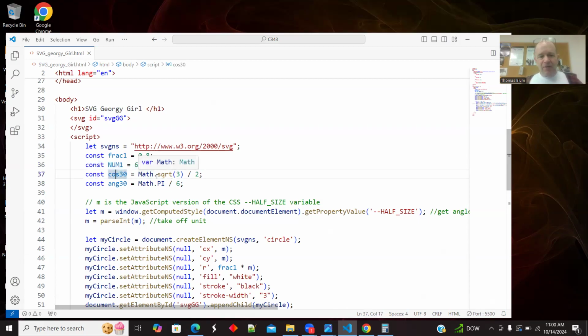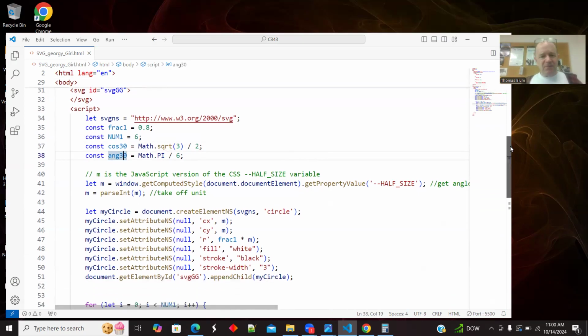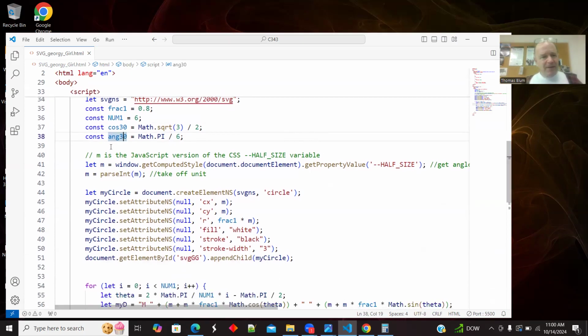The cosine of 30 is floating around in there. So that's the square root of 3 on 2. And I'm going to have the angle of 30 and the angle of 60. I handled the 60 differently than the 30 for no good reason.